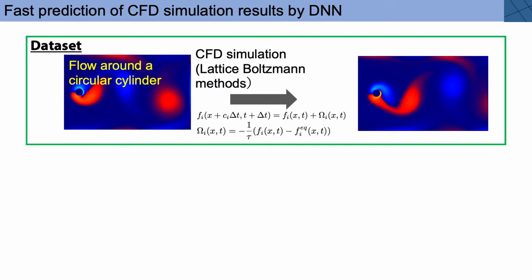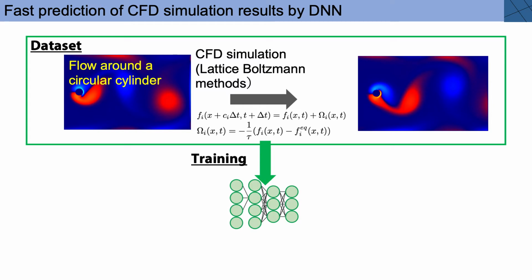Here is a basic idea of DNN prediction of the flow. First, we perform the CFD simulations in a traditional way to generate the training dataset. In our research, we use the lattice-Boltzmann method for these simulations.